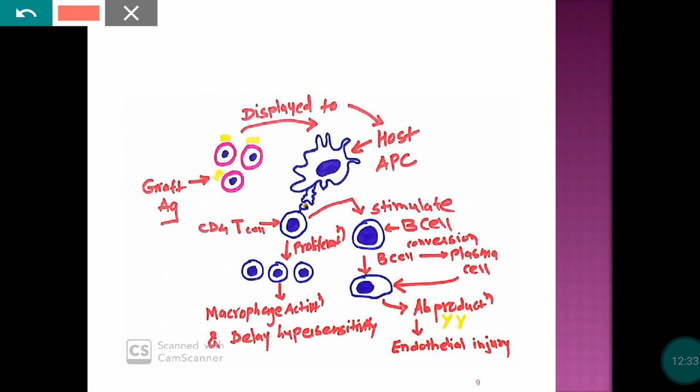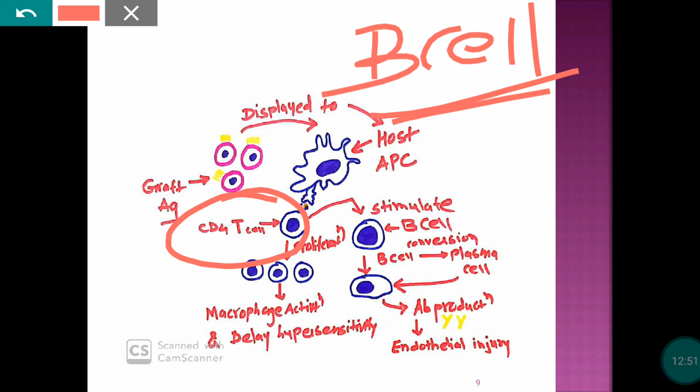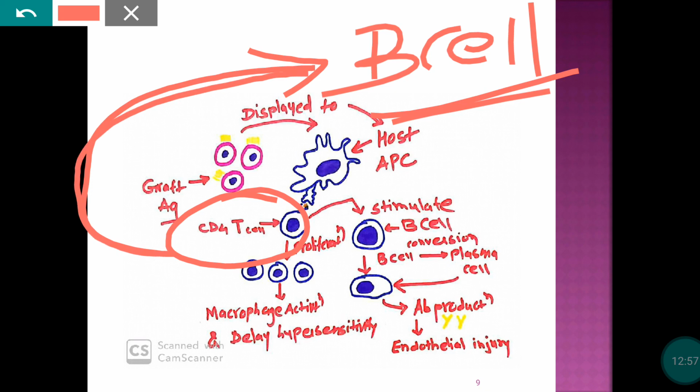How? Now you have to remember that in our body B cell is handicapped. Why am I telling that? Because B cell directly cannot be activated. They can get activated usually when CD4 T lymphocyte stimulates the B cell. We can say that CD4 T cell will give the power to the B lymphocytes to get activated.